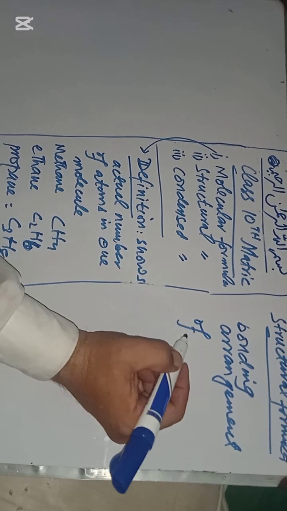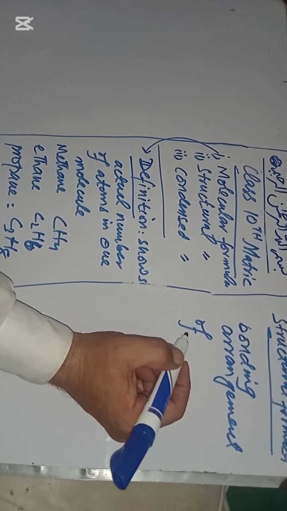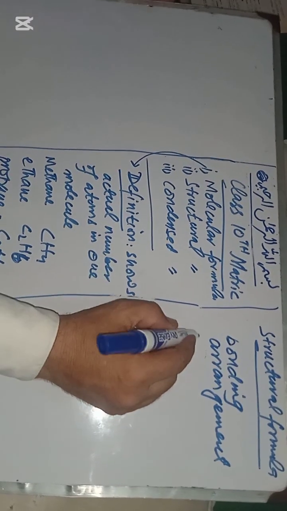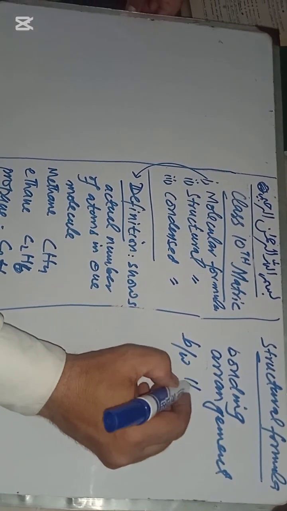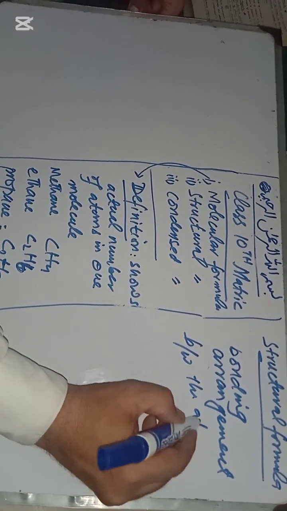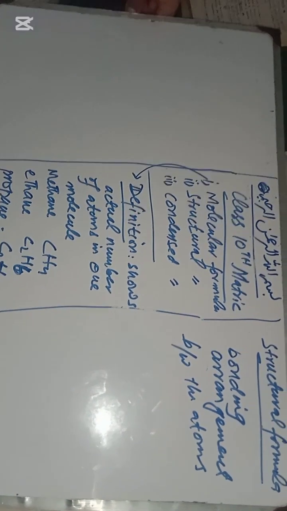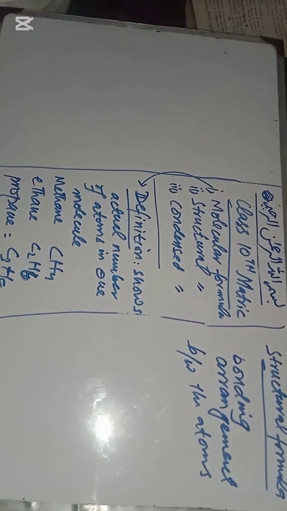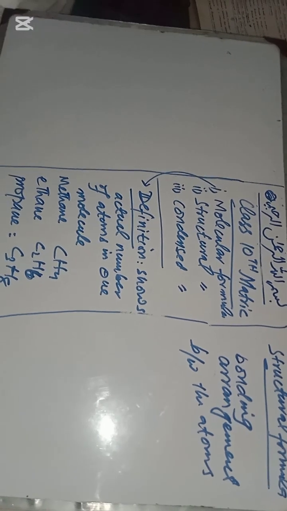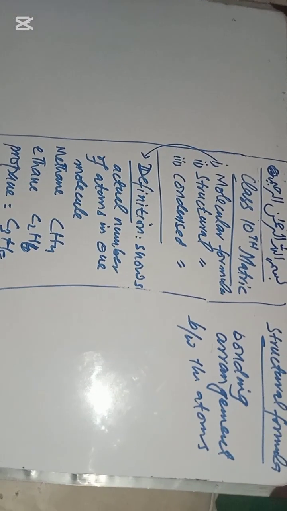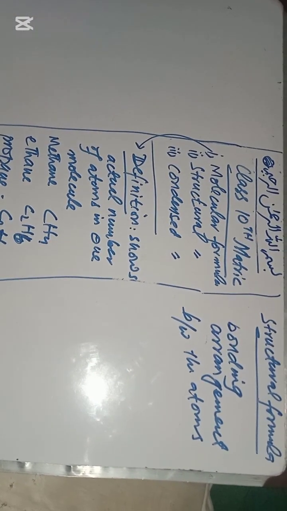Clear? The bonding arrangement between the atoms in a molecule of a compound. The structure formula.